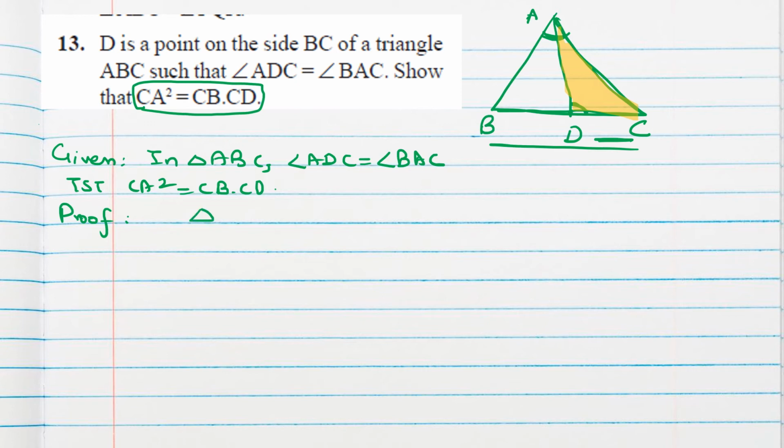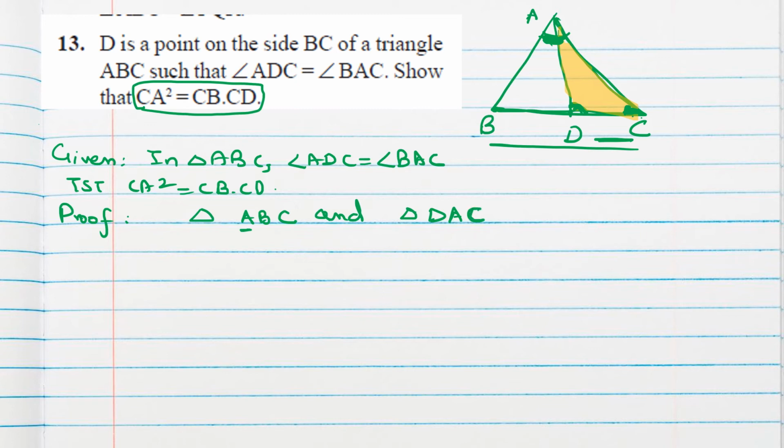Consider triangle ABC, and with ABC we have to check, BAC and ADC are given. So if I am writing A first in the bigger triangle, this angle A is equal to angle D. So I should write D first, then B and C. C is common in both triangles, so I should write DAC here.